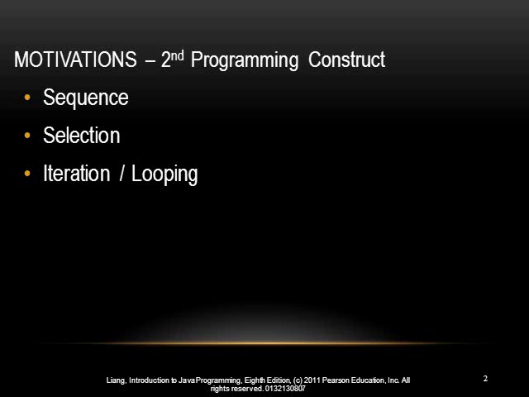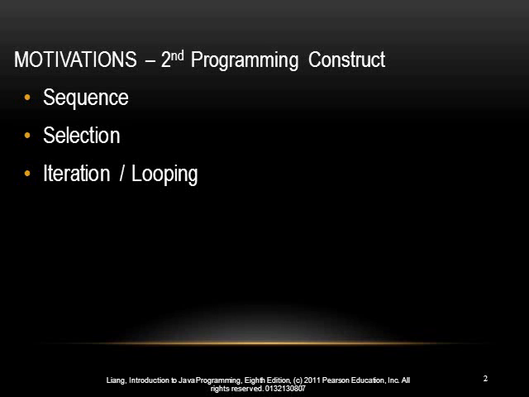We have been using the sequence construct only by itself in the programs we have written in chapters 1 and 2. We simply executed one instruction after another. Now we can take a look at the selection construct.